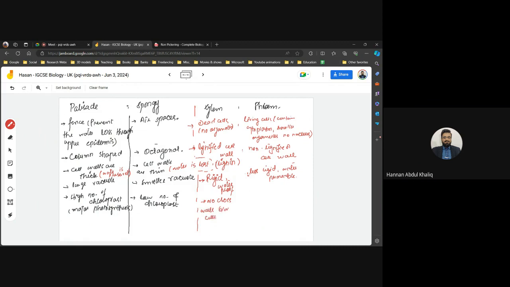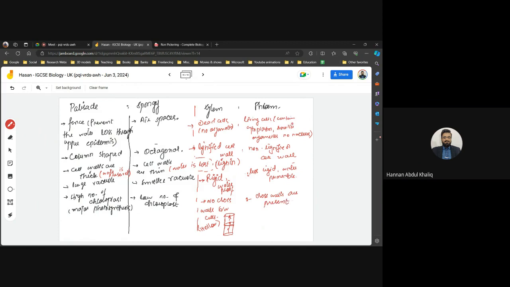They appear like they are hollow. The water can easily move through it. But over here in the phloem, cross walls are present.